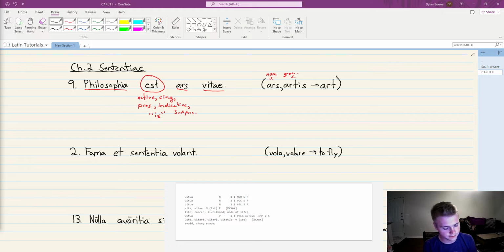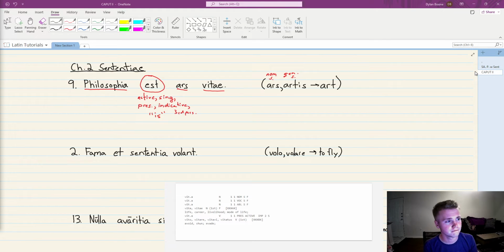In terms of the nouns here, we have to find out gender, number, case. If we see philosophia and vitae, we'll start with vita since we have it up. We see that it's vita, vitae, AE. As I mentioned, you get your nominative singular and your genitive singular when you look something up in the dictionary.